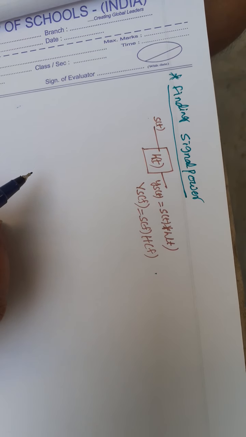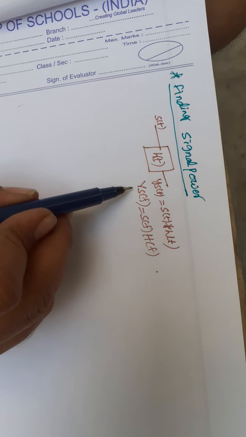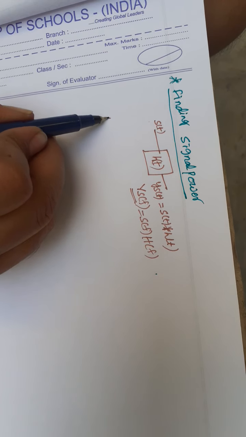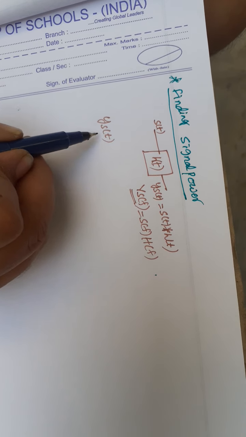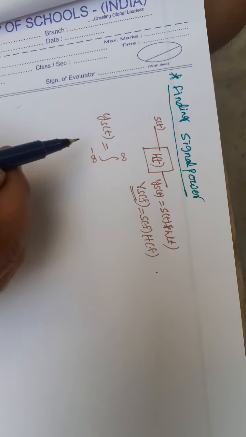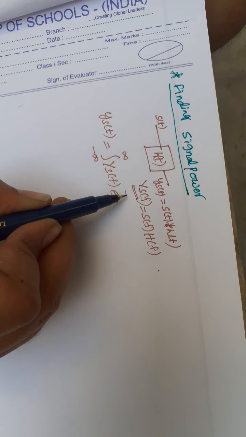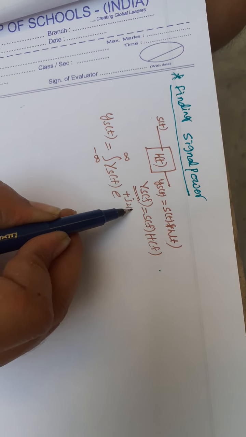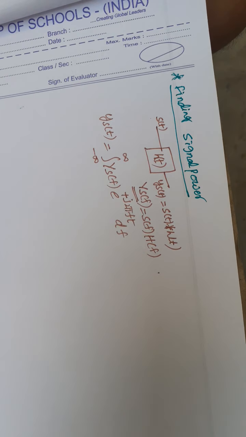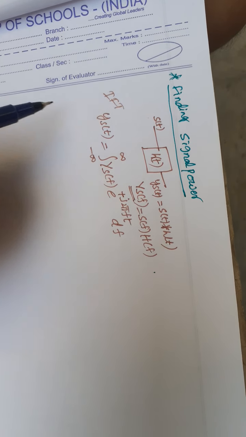Now see here, we know this Y_S of f. Okay. Now the inverse Fourier transform, the general inverse Fourier transform of Y_S of t is the integral from minus infinity to infinity of Y_S of f e power j 2 pi f t df, right? So this is the inverse Fourier transform equation.